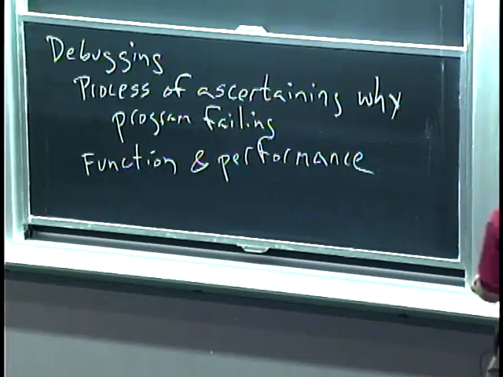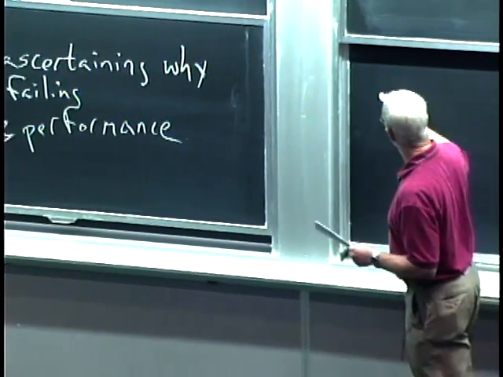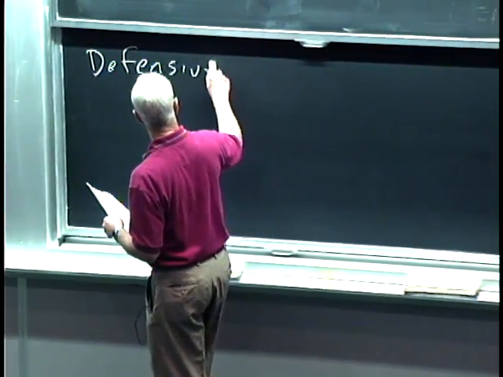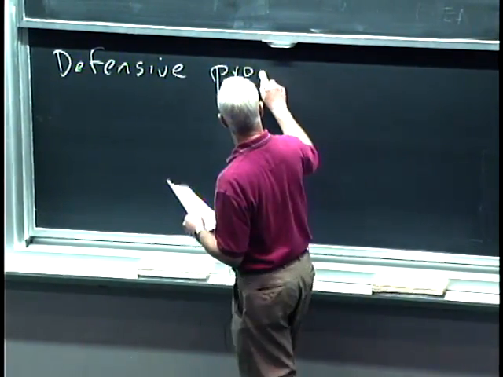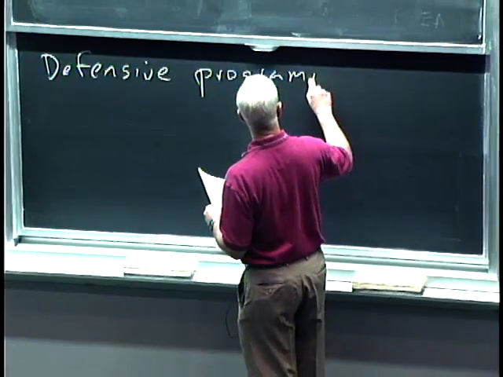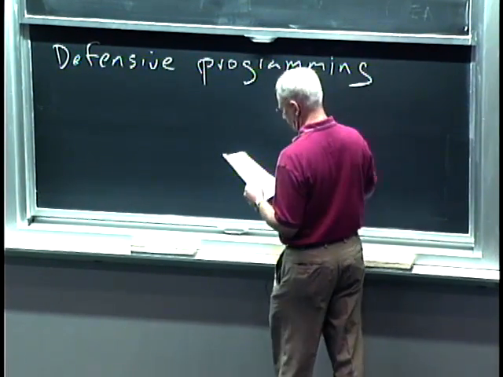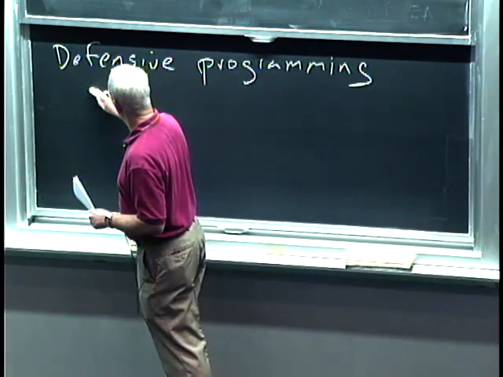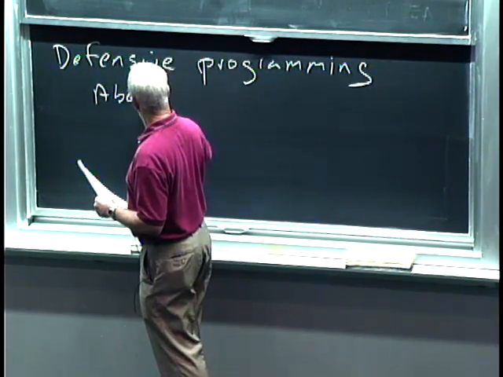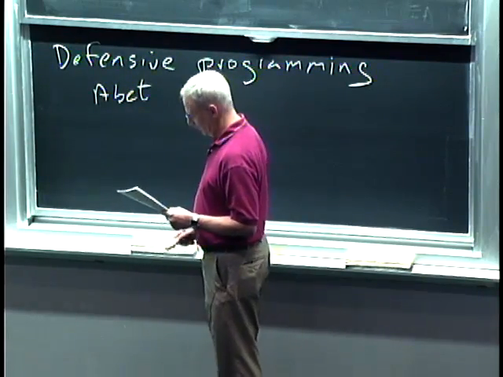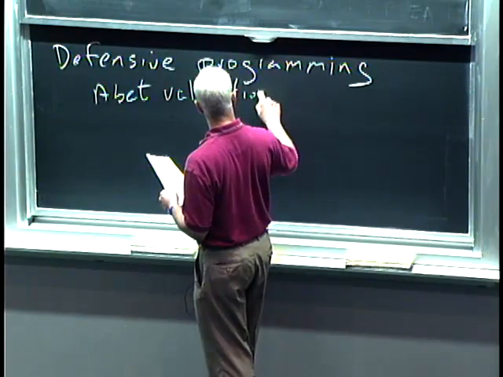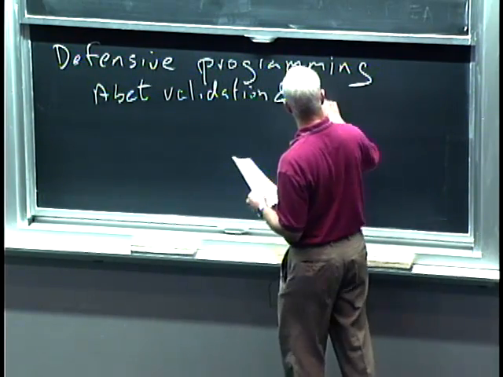Some other terms we've talked about is defensive programming. And we've been weaving that pretty consistently throughout the term. And that's basically writing your programs in such a way that it will facilitate both validation and debugging.